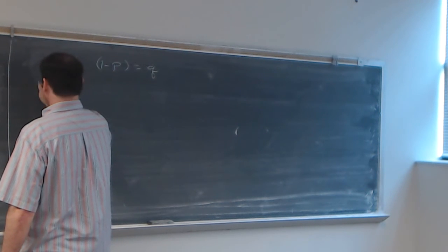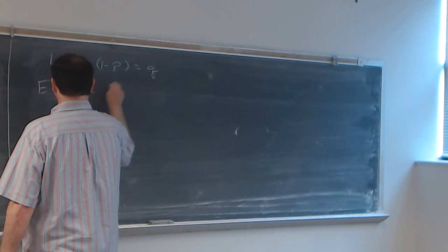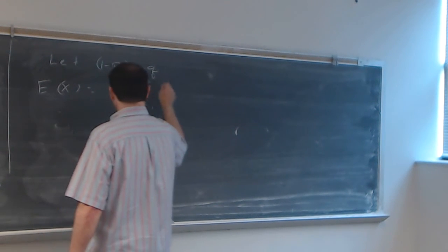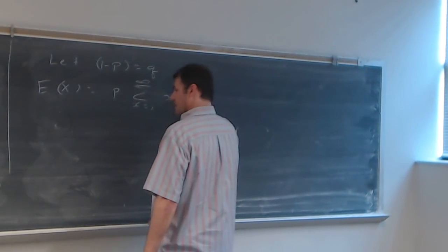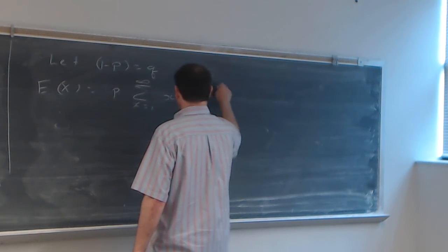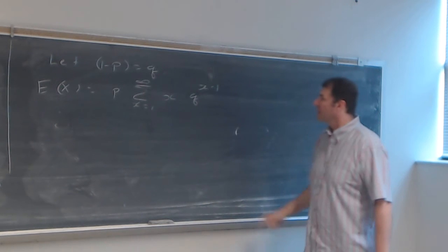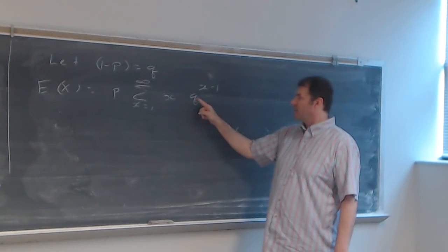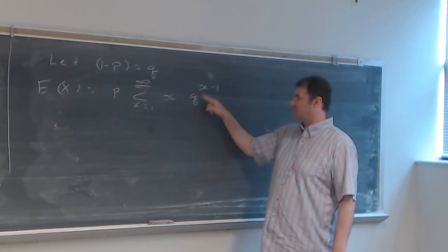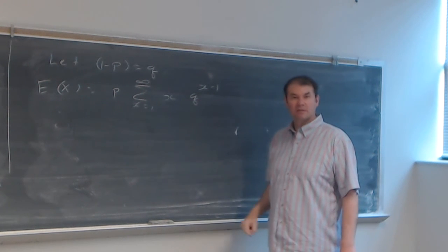So the expected value of x is p times the sum as x runs from 1 to infinity of x times q to the x minus 1. Think of q as a variable. And this quantity looks like the derivative of q to the x. Bring down the x, the variable raised to 1 less power.